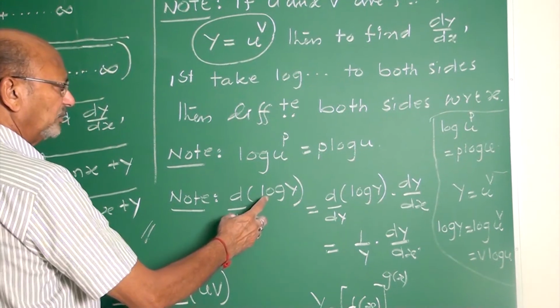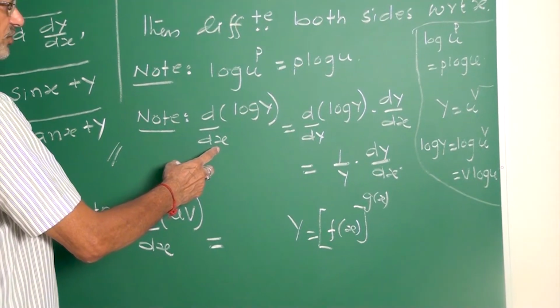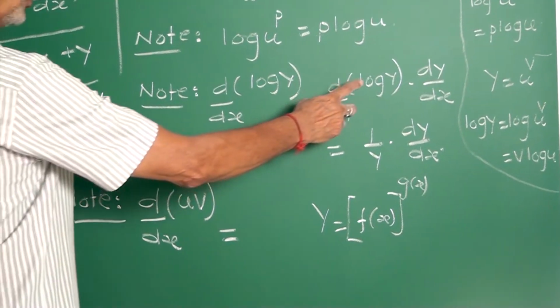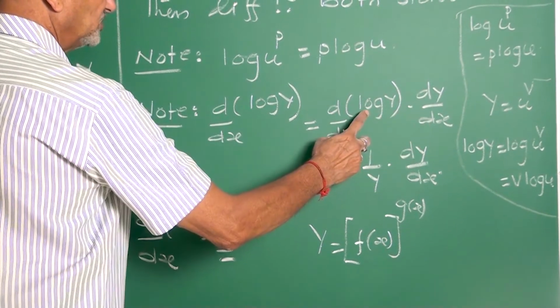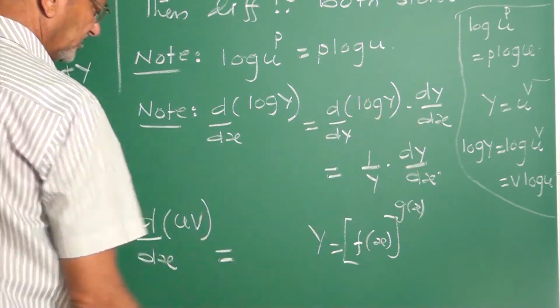Now, while doing examples, we get such a form. Derivative of log y with respect to x: first log y with respect to y, then y with respect to x. What is the derivative of log y? 1 by y into dy by dx.